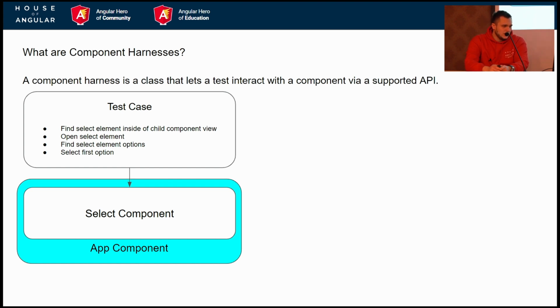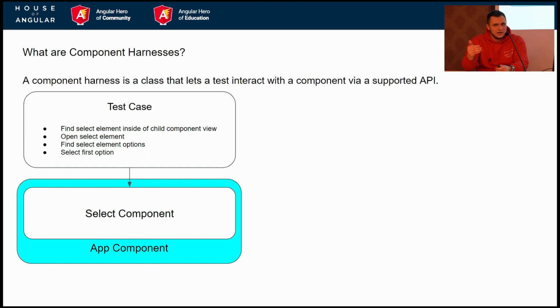First of all, we have to select an element inside of the child component view. If we want to find it, we have to provide some query or selector by which we'll be looking for it. Then we have to trigger a click event on it to open it.